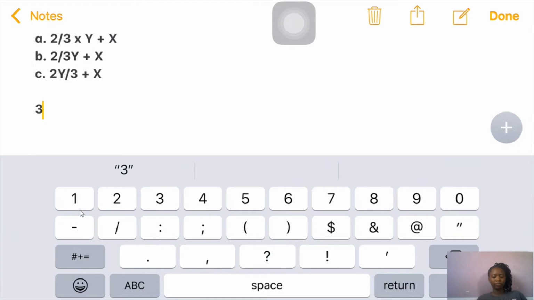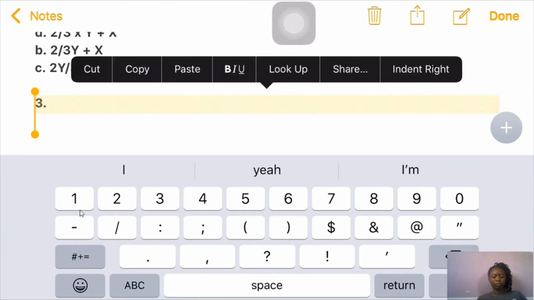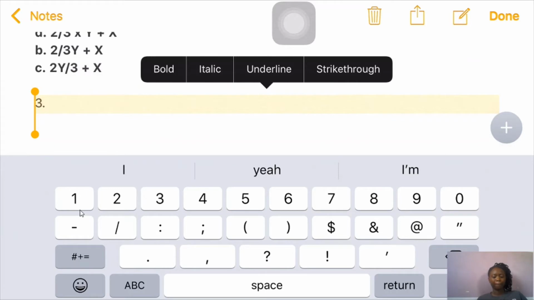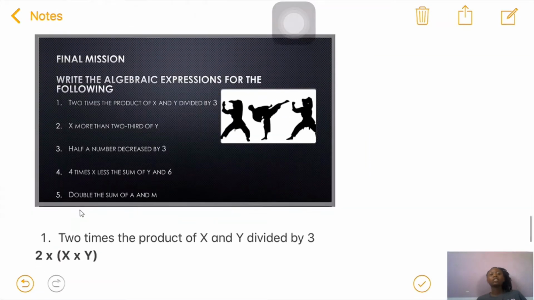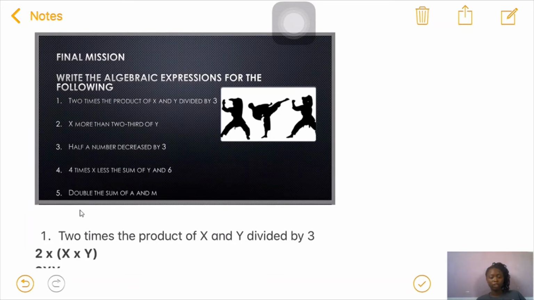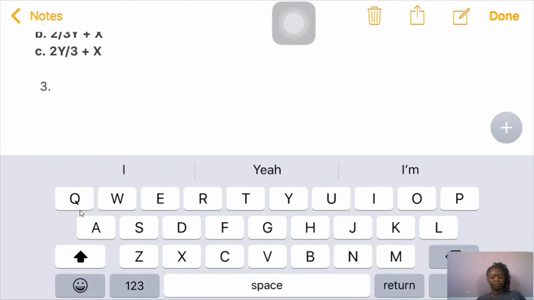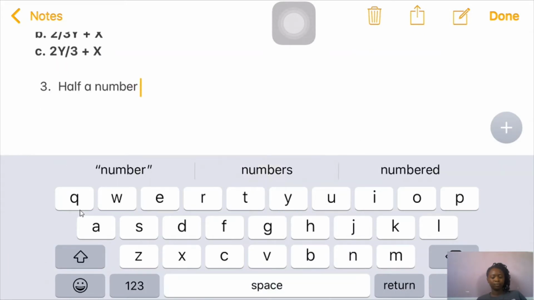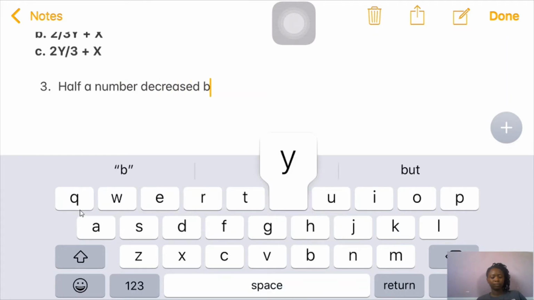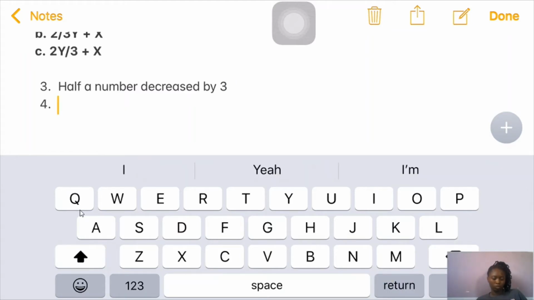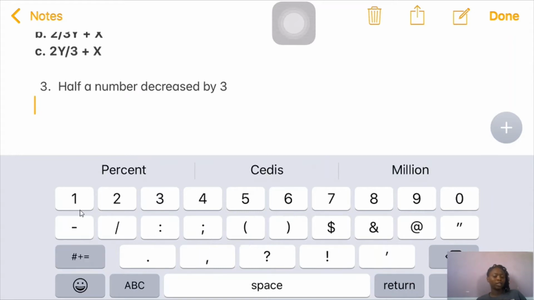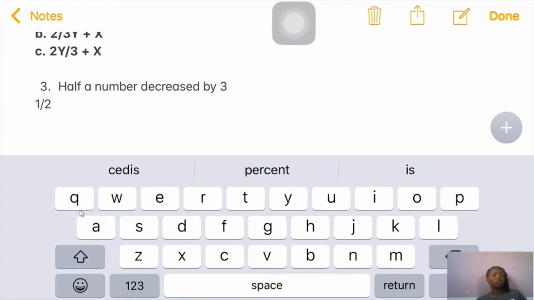So the third question says half a number decreased by 3. So what is the number? First of all, let's write half a number. We don't know the number, so you'd have to give your own alphabet.